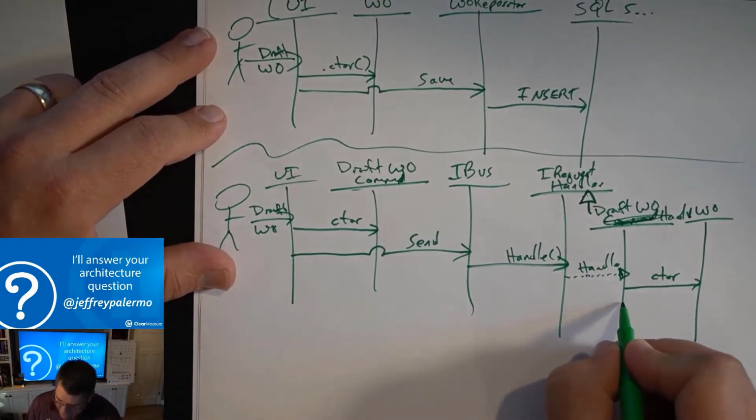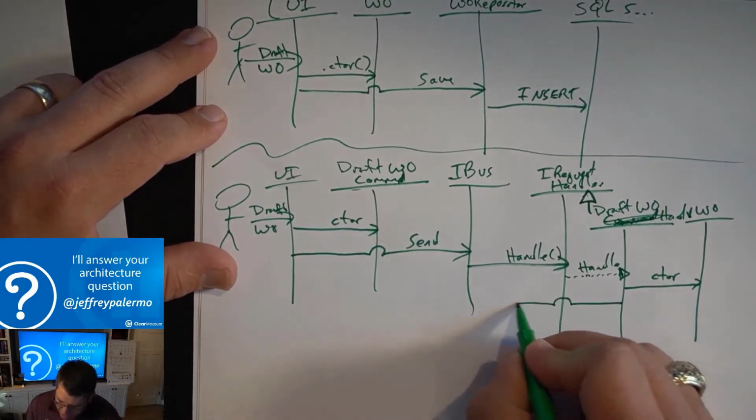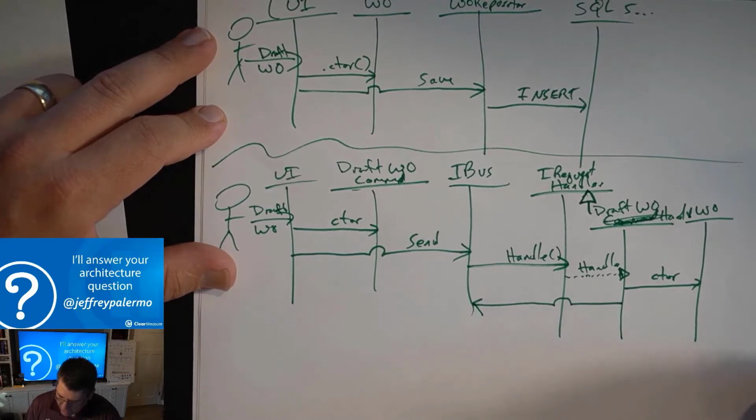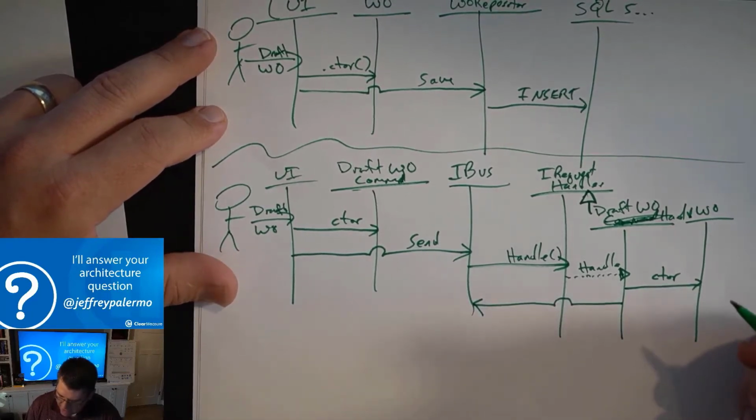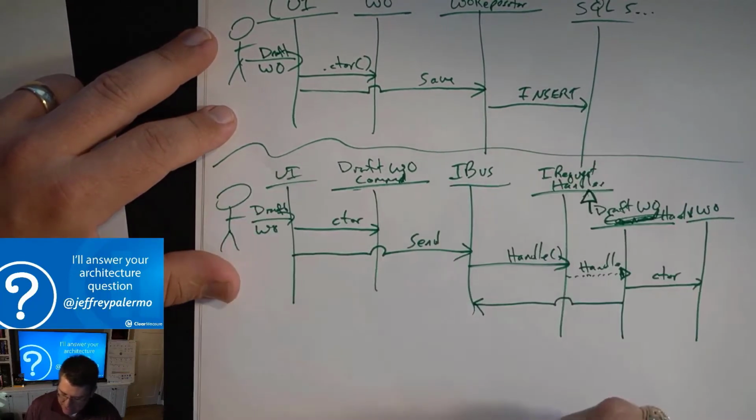Now, in this handler, we can turn right back around and we can actually create some type of command to send back to the bus.